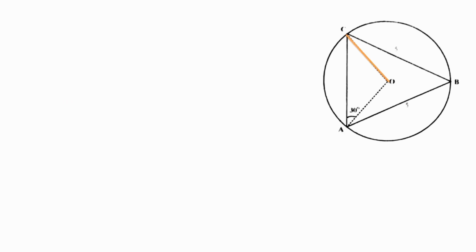Look at the triangle OAC. Here OA equal to OC. Therefore, angles opposite them are also equal. Since angle OAC equal to 30 degree, angle OCA is also equal to 30 degree. Now let us find the third angle of this triangle.